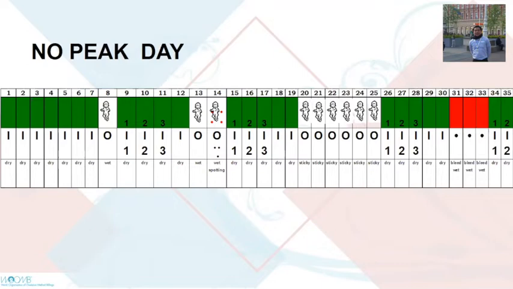On day 15, dry. Day 15 means the return of the BIP. We don't mark an X on day 14 because day 14 is the last day of mucus, but not the last day of slippery sensation. 14 is not a peak day.